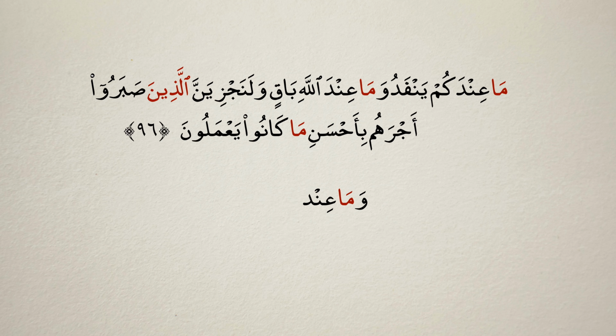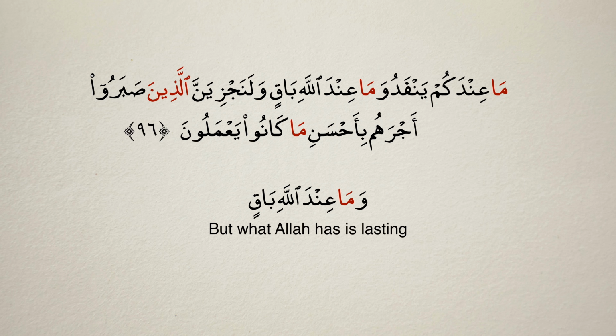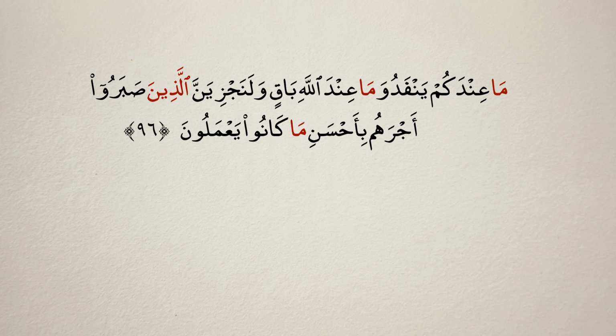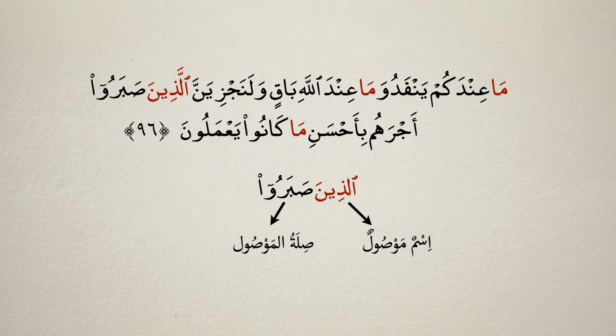Then we have وما عند الله باق. It doesn't need any explanation and its meaning is but what Allah has is lasting. I hope that's clear. Next we have الذين صبروا. الذين, which we have learned in the previous lesson, is اسم موصول, and صبروا is صلة الموصول, which is from صبر يصبر صبر, meaning to be patient.